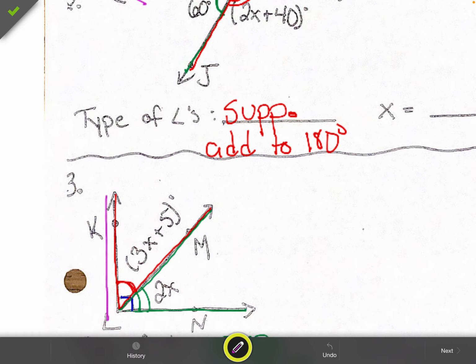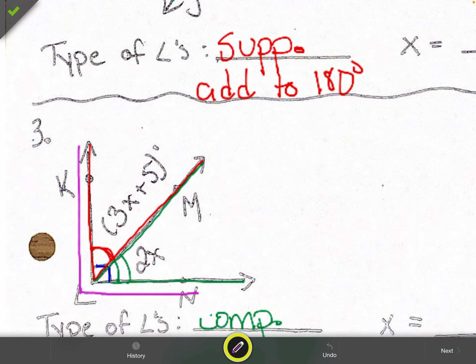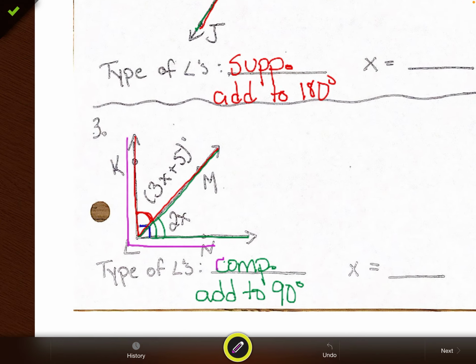Together, they make this corner, and we see the box. That box tells us that those two angles together equal 90. So which pair is that? That would be complementary. You can abbreviate as long as you know what it means. So they're complementary, and complementary angles add up to 90.